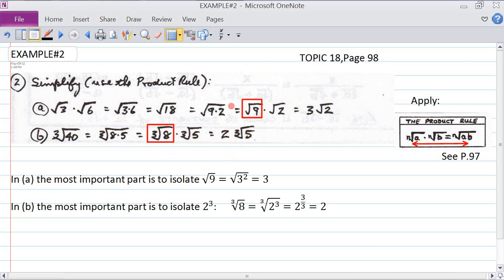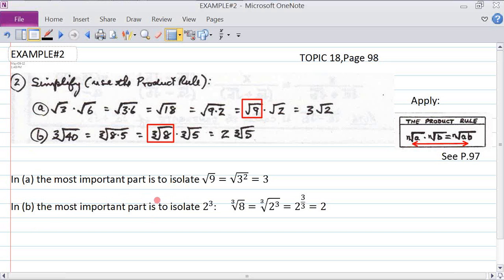So when you're doing these kinds of problems, what you try to do is isolate a perfect square, perfect cube, whatever, depending on what the index is right here. Here the index is 3, here the index is 2. So in part A, the most important part is to isolate the square root of 9 right here and realize that it's 3 squared.